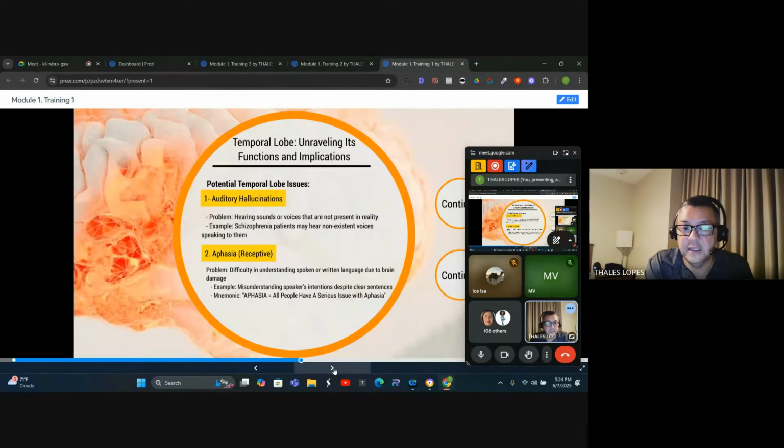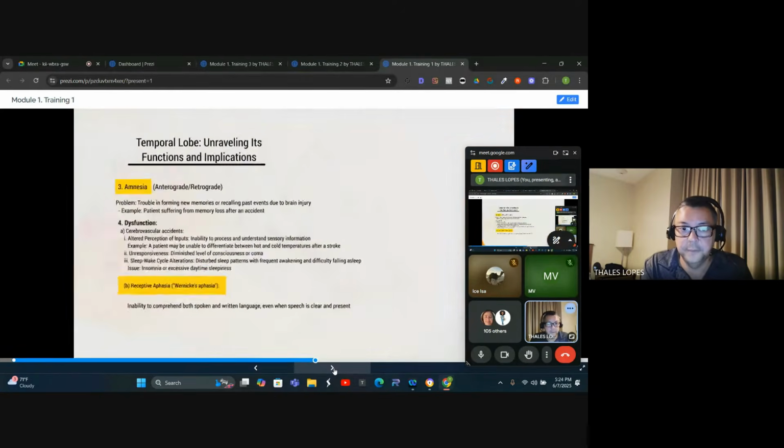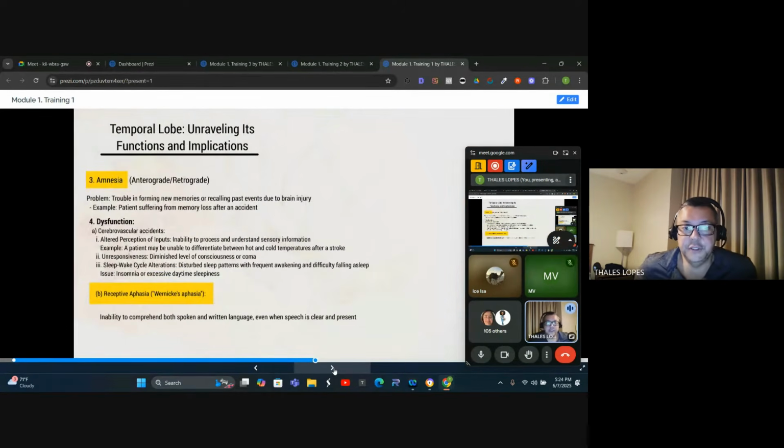Aphasia, receptive, right? Difficulty in understanding spoken or written language due to a brain damage, temporal lobe. Amnesia. Remember, we talked about memory, right? Whether it's retrograde or anterograde.